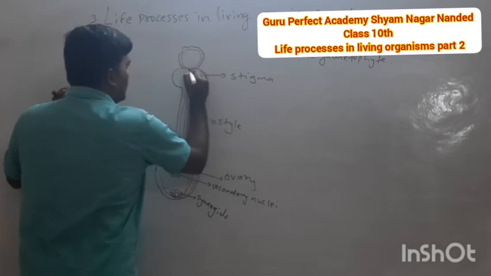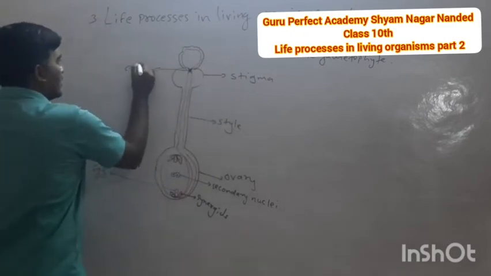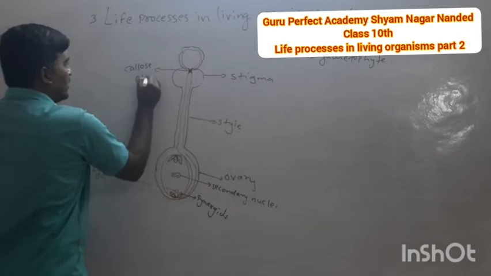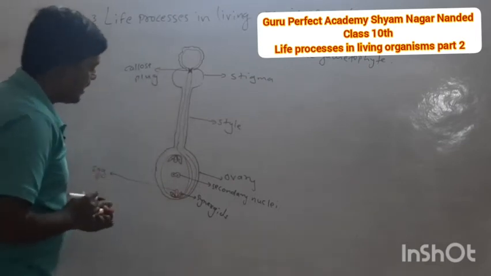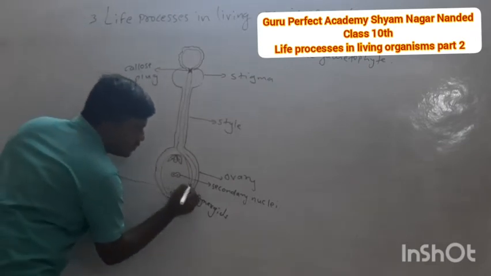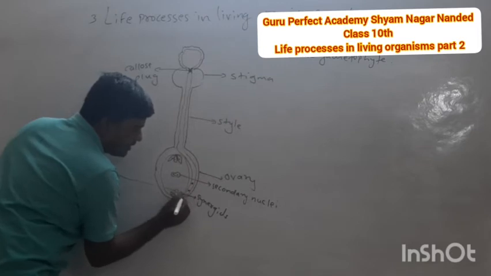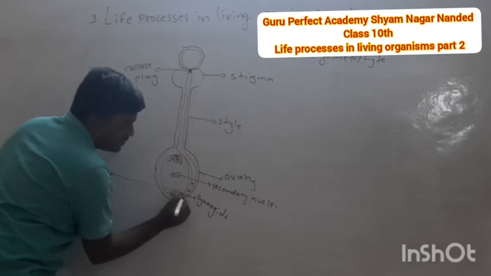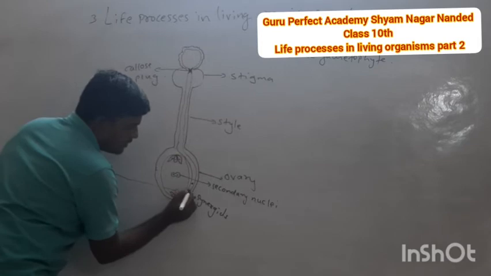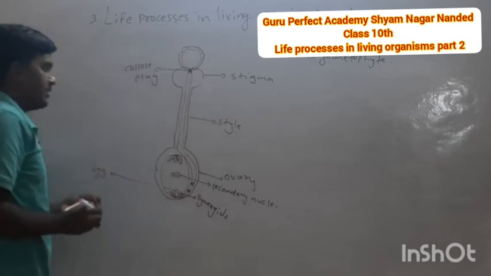We have here a callose plug. This is a callose plug, and we have two male gametes. I will draw here the first and second male gamete. This is a vegetative cell. This is a gametic cell and a vegetative cell.